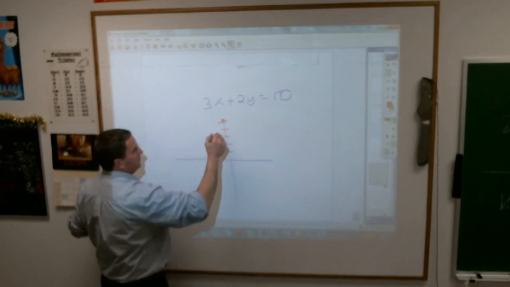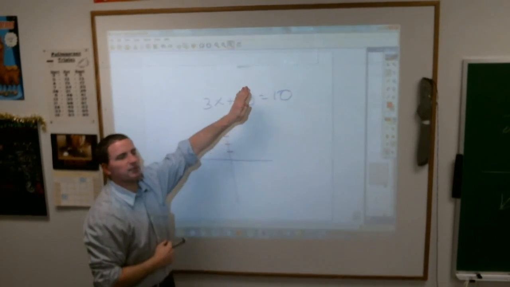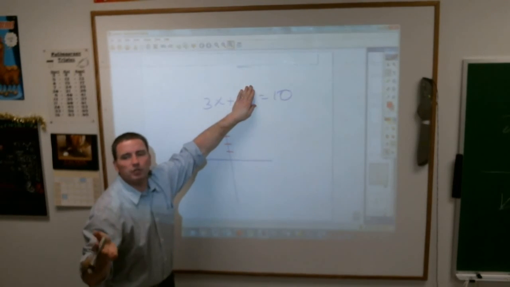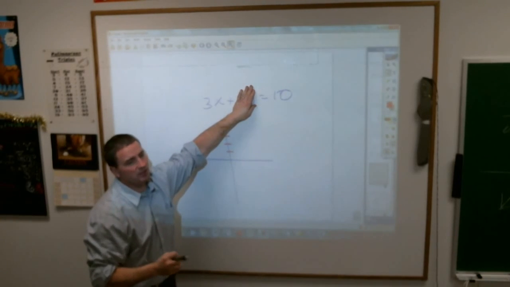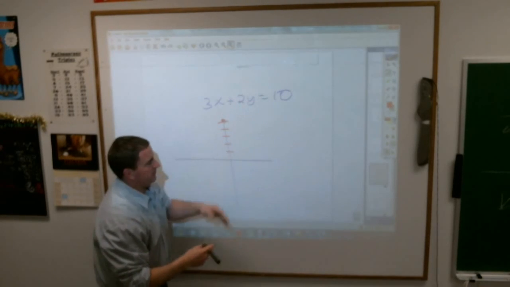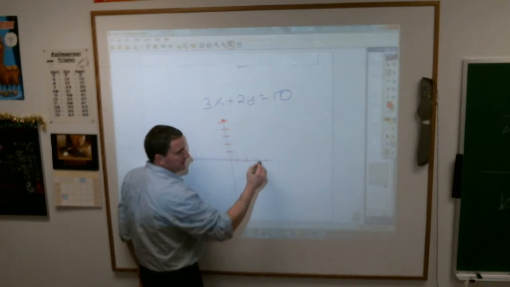Now here's where all people get like, I can't believe it. If I cover up the y, it doesn't go evenly into that. But remember, you are graphing, and graphing is never an exact science, so you can get close enough. What should x be? 3 1/3. So you go 1, 2, 3, and like a third.